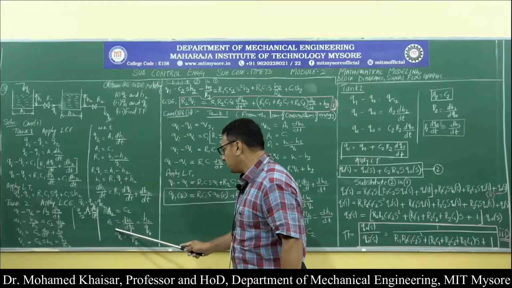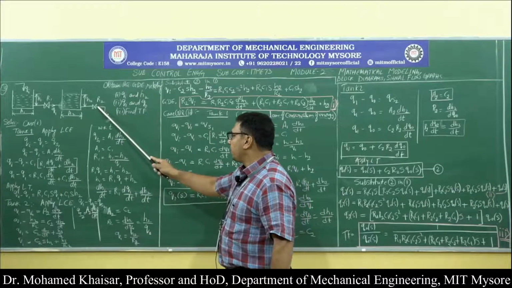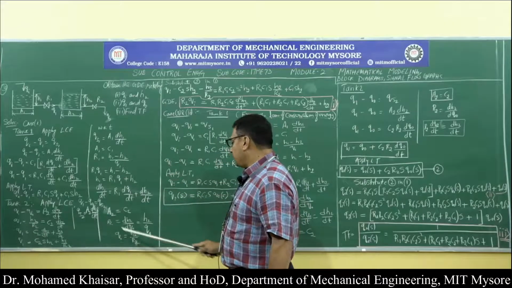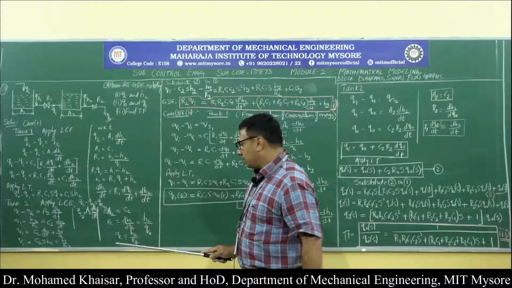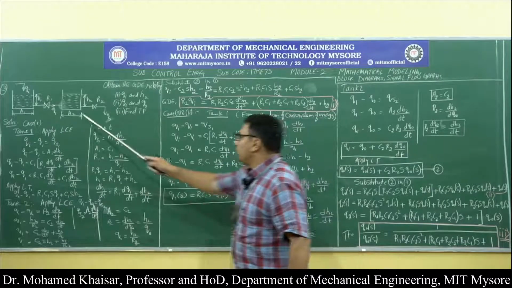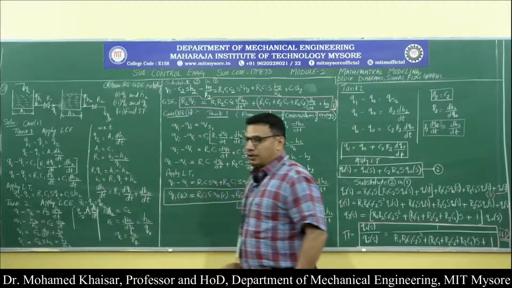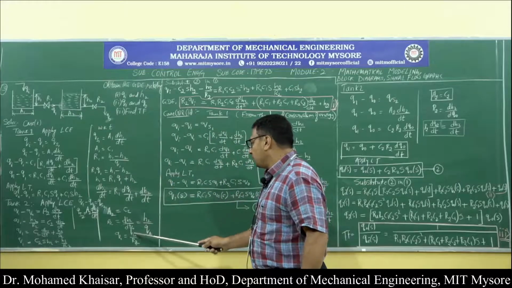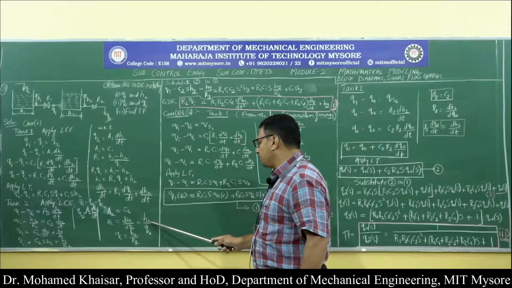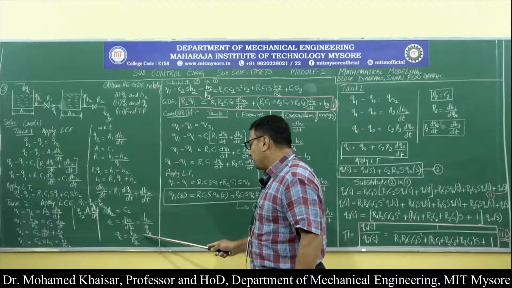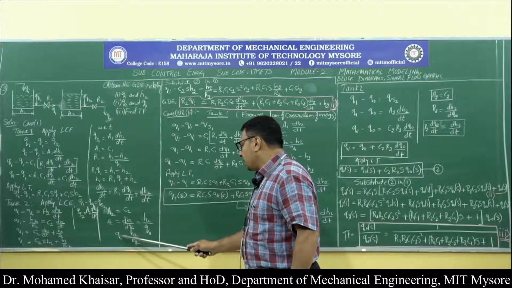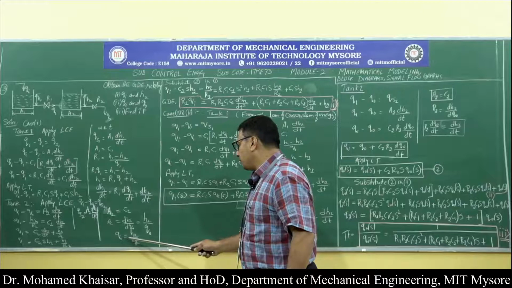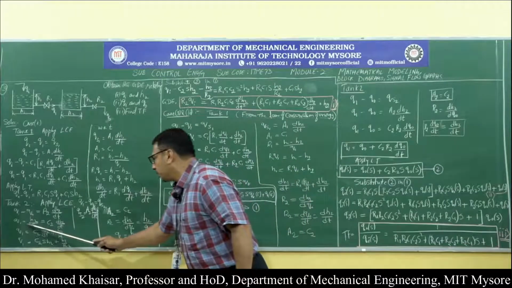Hydraulic resistance for tank 2, R2, is equal to dH2 by dQ0. Since the situation here is linear, dH2 by dQ0 can be rewritten as H2 by Q0, and if we cross multiply, Q0 will be equal to H2 by R2. That is what has been written here.